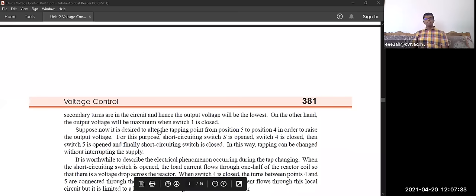Suppose now it is desired to alter the tapping points from position 5 to position 4 in order to raise the output voltage. For this purpose, the short circuit switch is opened, then switch 4 is closed, then switch 5 is opened, and finally the short circuiting switch is closed. In this way, tappings can be changed without interrupting the supply.